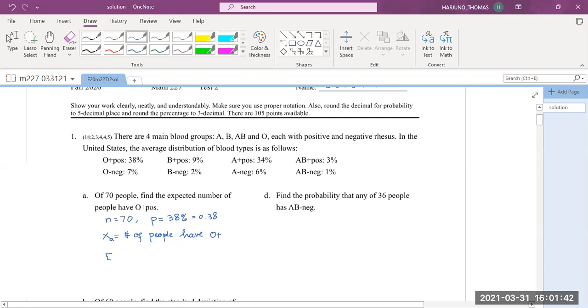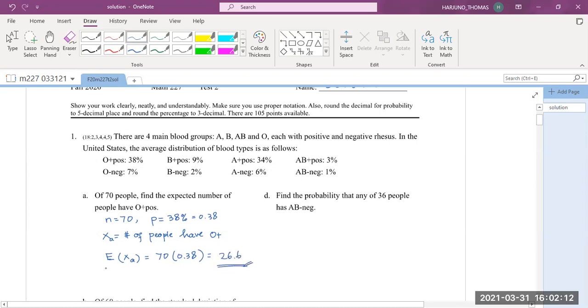Then the expected number of people with O positive among these 70 will be N times P, which is 70 times 0.38, 26.6.